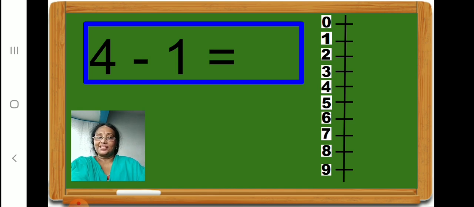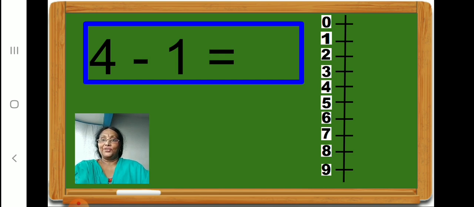Now starting from 4, when we count one number backwards, we get the answer 3. So children, 4 minus 1 is equal to 3. Children, when we subtract 1 from a number, the answer is the number before it.